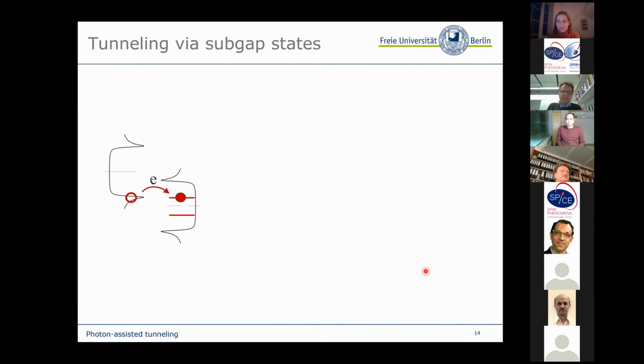What is clear from the understanding that we've developed is that if you tunnel into a subgap state, then presumably this simple Tien-Gordon approach will no longer work. And that is simply because now the energy denominators associated with the resonance behavior of these bound states are no longer large or energy independent.